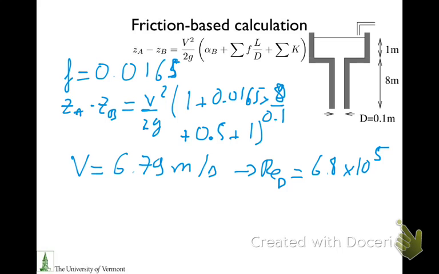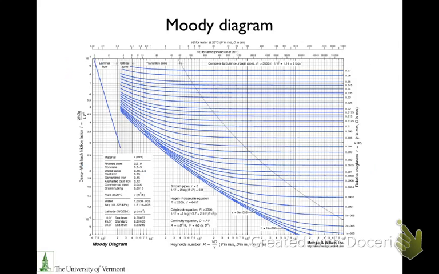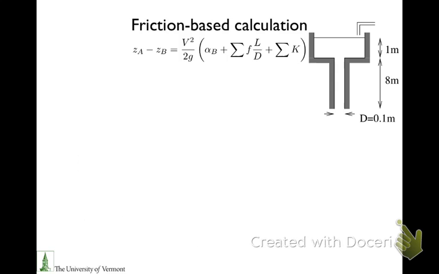So now I need to jump to my Moody diagram again and look at the friction factor for 6.8, so that's about 7, and now I need to reach here. So now I'm almost at 0.017.